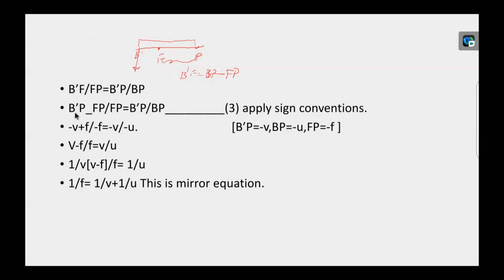That only we have written here. B dash P minus FP divided by denominator as it is FP. RHS side B dash P by BP. This we have written as it is.